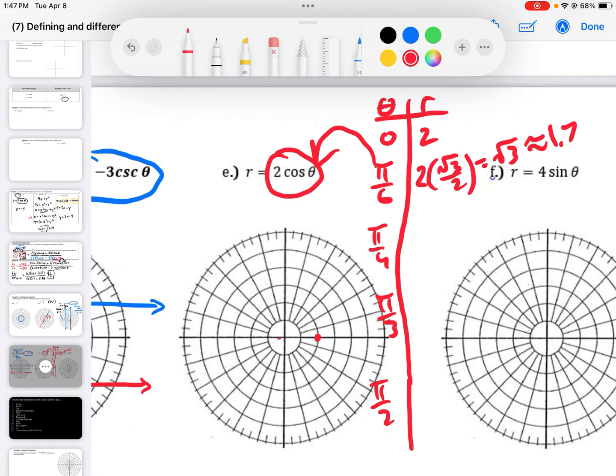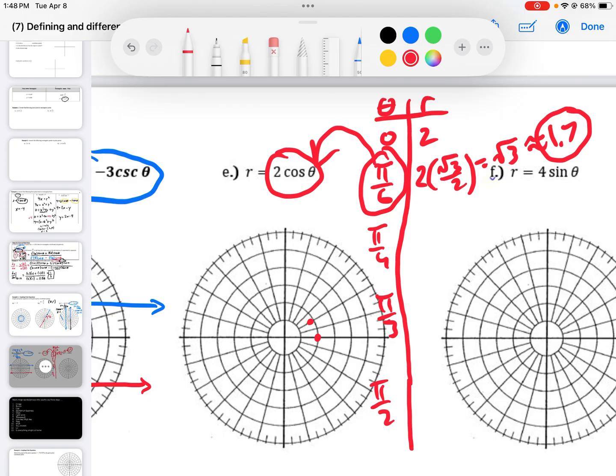So 2 pi over 12... I'm going to look along this line right here, and I'm going to put a dot about 1.7 away from the origin. So this dot right there that I just drew is where theta is pi over 6 and the radius is 1.7.